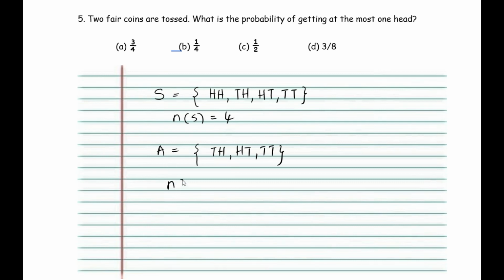Therefore, n of A is 3. Now, the probability of getting at most one head is n of A divided by n of S. N of A is 3, N of S is 4. Therefore, the correct answer is option A, 3 by 4.